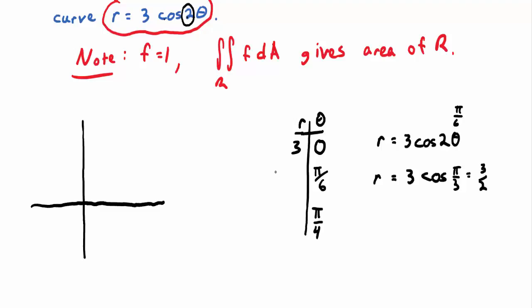That's 1 1/2. That's not hard to plot. And then as already discussed, when I plug in pi over 4 here, I end up taking the cosine of pi halves. And we know that the cosine of pi over 2, or 90 degrees, is 0, right? So 3 times 0 is 0.